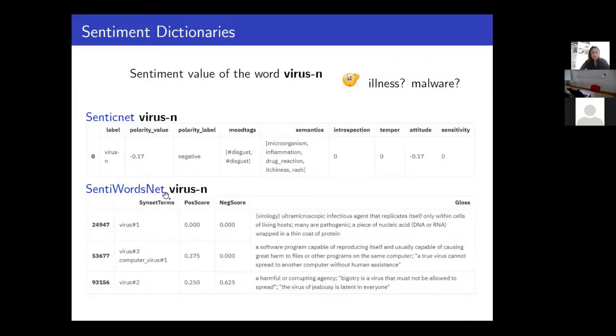But in the SentiWordNet dictionary, in the same primary meaning of virology, it's neither positive nor negative, so neutral, and it can be only positive when it's connected to computer virus, which appears rather strange, and it can also be quite negative in the third meaning. So these values appear a bit inconsistent throughout those dictionaries, and that reflects the subjectivity of the topic itself. So it's a hard topic.